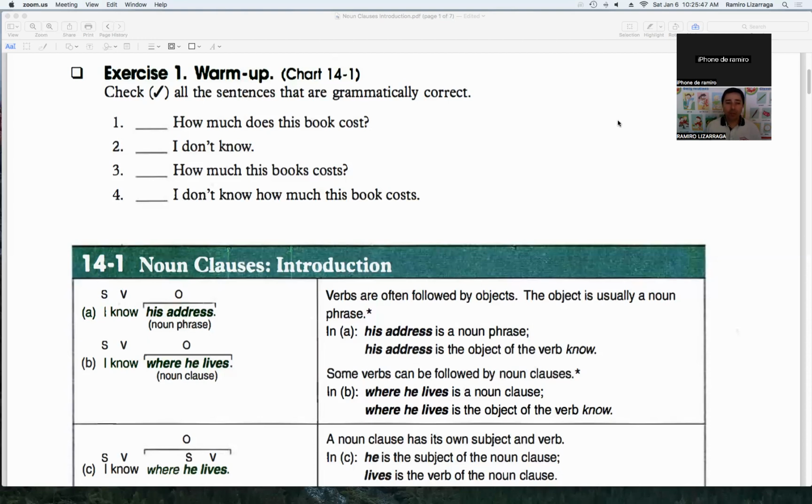So guys, here we are, noun clauses. Don't worry, it's not like adjective clauses. This topic is not that long, it's a pretty short topic. I think it's going to take us maybe 3 Saturdays at the most. It's not a huge topic like adjective clauses, thank God.